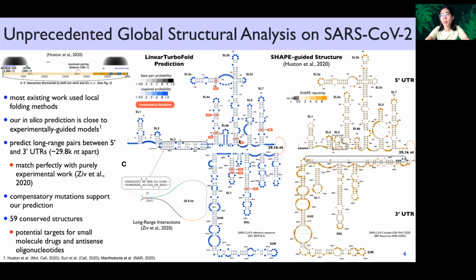Furthermore, we can capture long-range interactions and predict end-to-end pairs between the 5' and 3' UTRs across the whole genome, which match perfectly with a purely experimental study. All those complementary mutations extracted from the homologs indicate that those structures are conserved, and all those conserved structures predicted by LinearTurboFold are potential targets for small molecule drugs and antisense oligonucleotides.